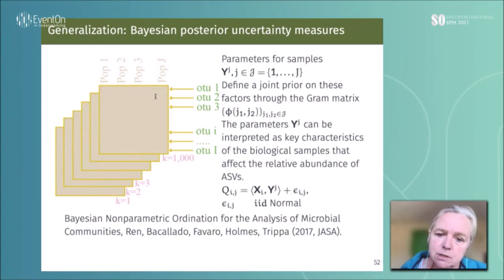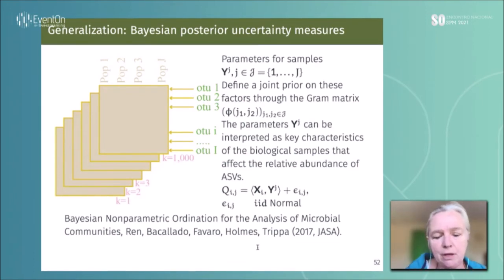The parameters that are given, they're unknown, but they're part of the model. And we suppose that there's some amount of noise. So we have an inner product between the underlying key characteristics of the samples, and then we have some noise.